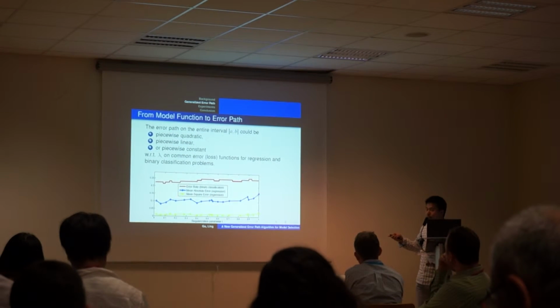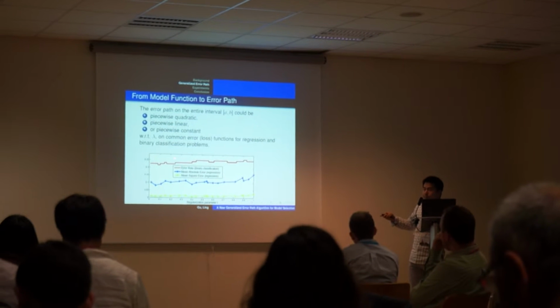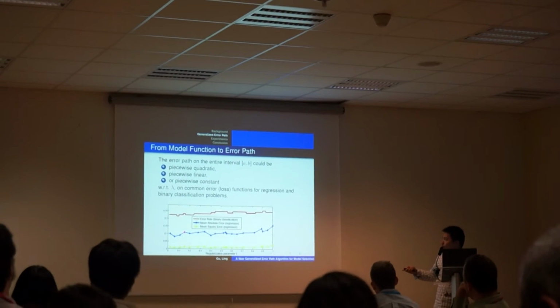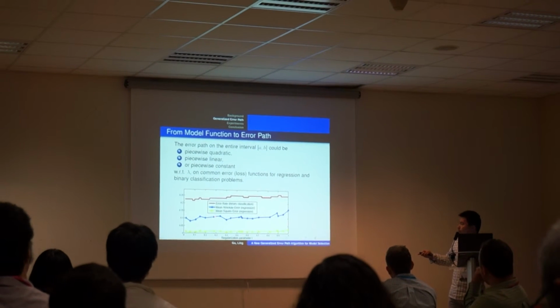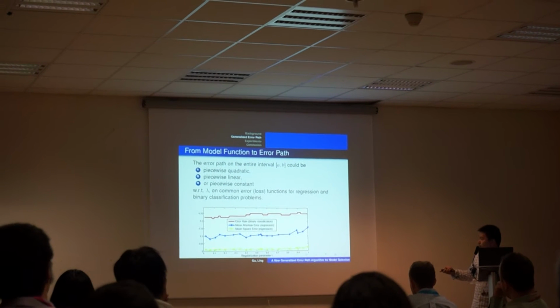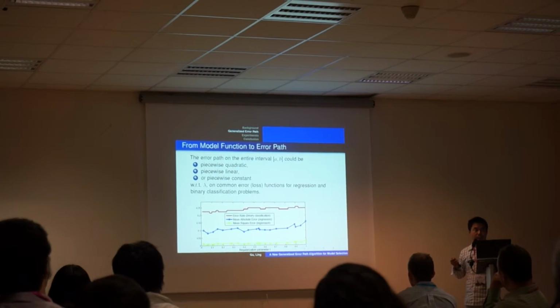This picture gives an example: this red line is an example where the error path is piecewise constant, this blue line is an example where the error path is piecewise linear, and this line is an example where the error path is piecewise quadratic.